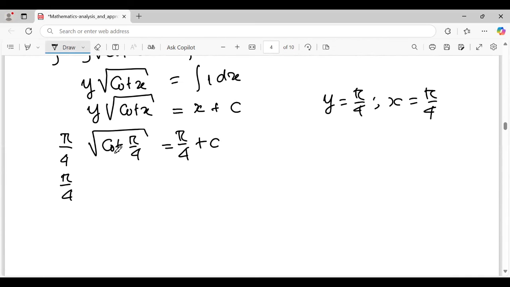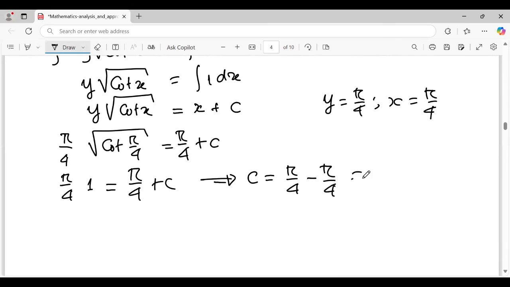Cotangent pi over 4 equals 1, so it is pi over 4 plus c. So c equals pi over 4 minus pi over 4, which is 0. So c equals 0.